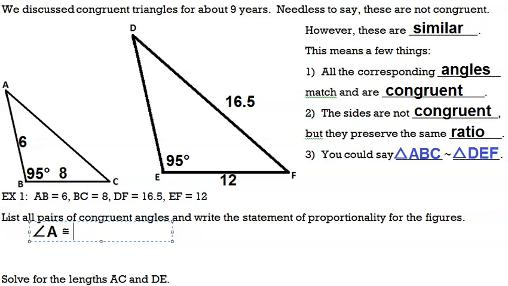So, angle A is congruent to angle D. And then you could say the same thing for angle B. It's going to be congruent to angle E. We don't have to get more specific than that because there's only one angle coming off of each one. So then we're going to say angle C is congruent to angle F.